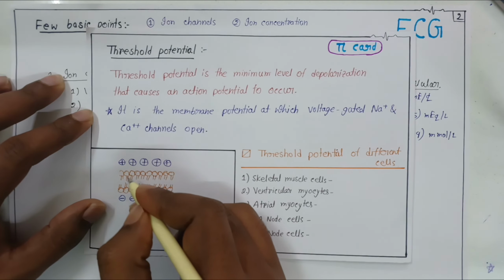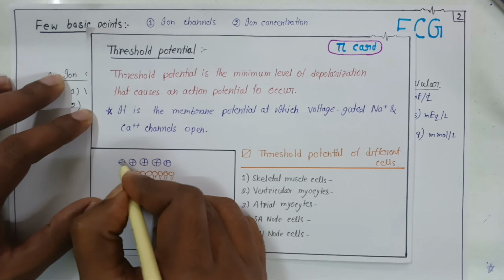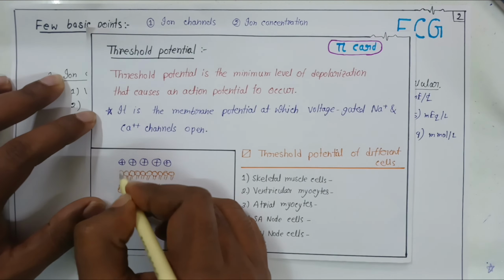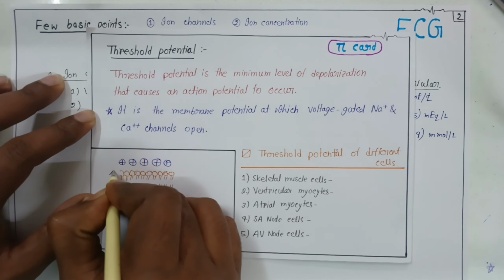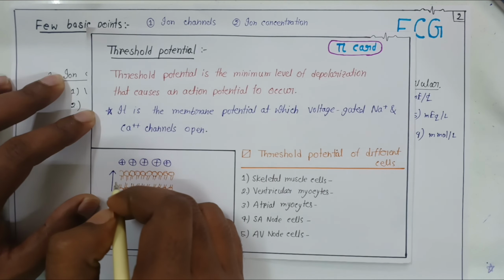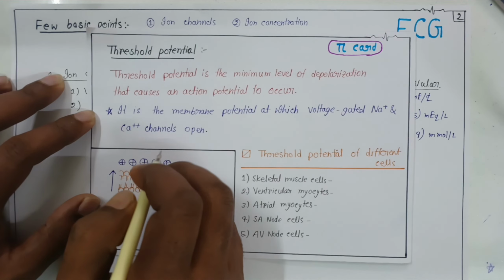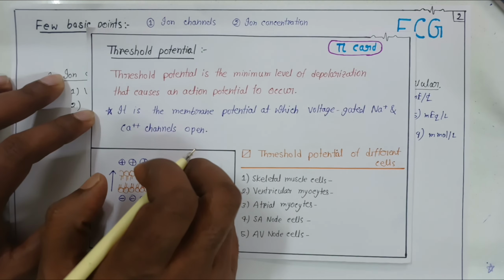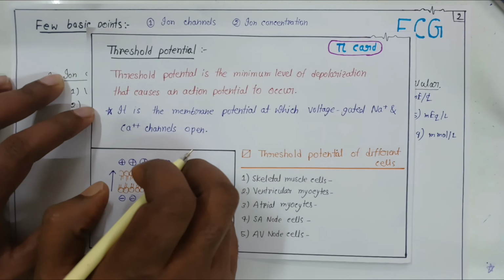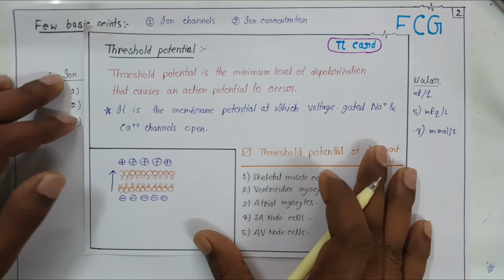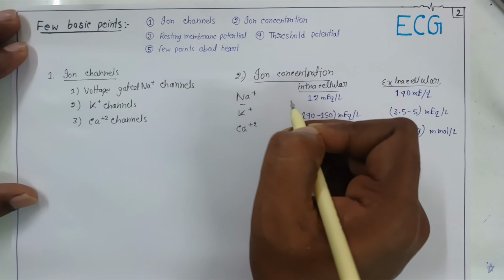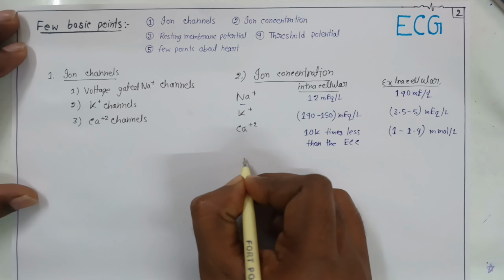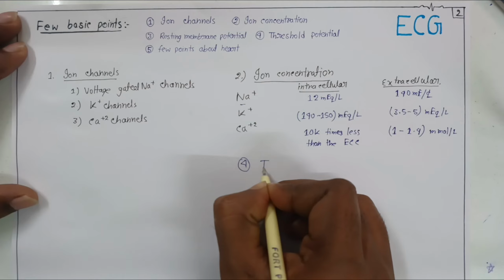So here is a potential developed due to the separation of positive and negative charge. The potential at which the cell can generate an action potential is known as threshold potential. So we have discussed the ion channels, the ion concentration, and number 4, the threshold potential.